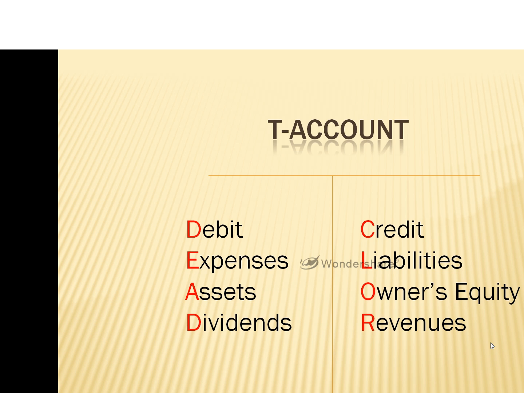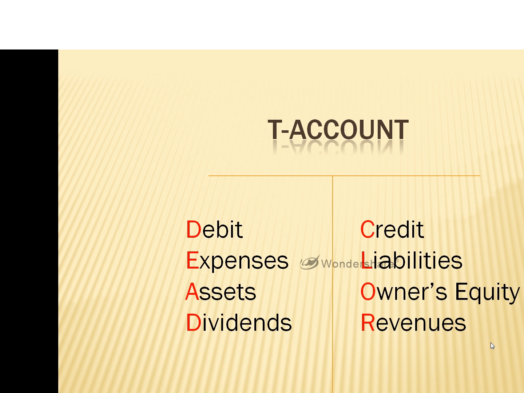If we want to decrease an expense, we would credit it. So the normal balance of the expense, assets, and dividends is on the left, and it is the debit balance. The normal balance of the liabilities, owner's equities, and revenues is on the right, and it is a credit balance.